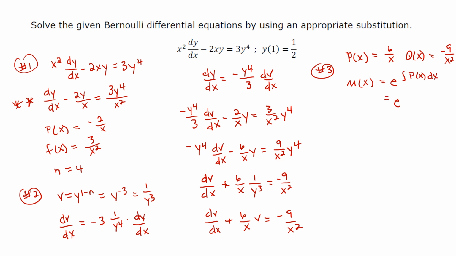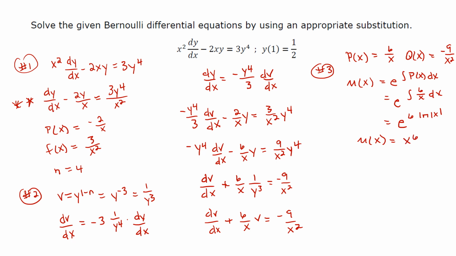So that's e to the integral of 6 over x dx. Simplify, I get e to the power 6 natural log of x. So my integrating factor is x to the 6th power.